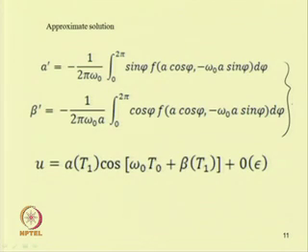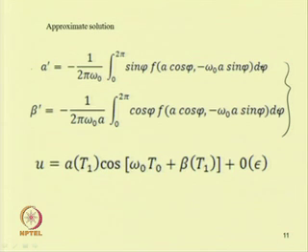Following the similar principle that we discussed in module 2, we can find the solution to be in this form, that is a dash equal to minus 1 by 2 pi omega 0 integral 0 to 2 pi sin phi f of a cos phi minus omega 0 a sin phi d phi, and beta dash equal to minus 1 by 2 pi omega 0 a integral 0 to 2 pi cos phi f of a cos phi minus omega 0 a sin phi d phi.